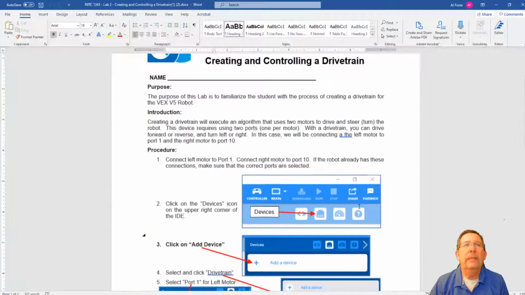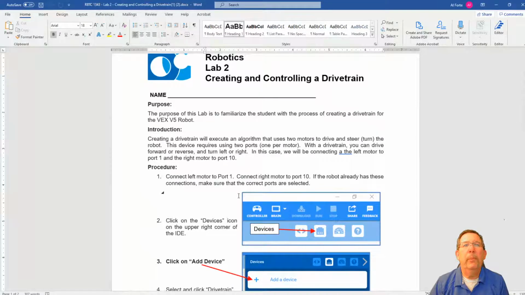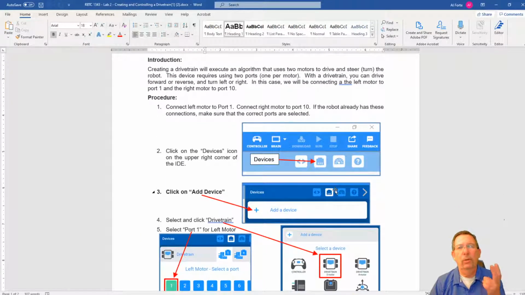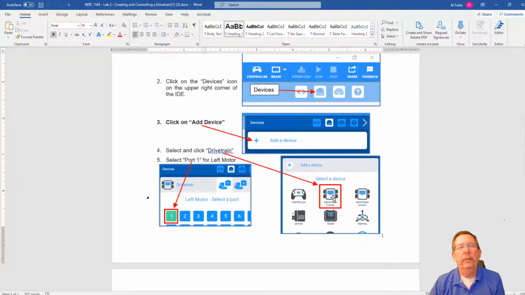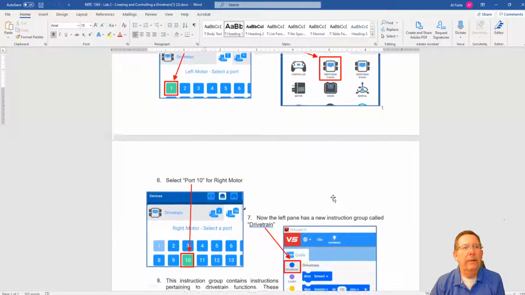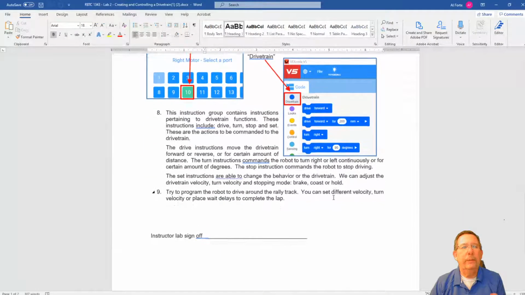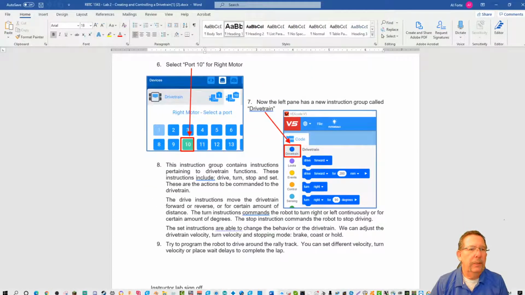You guys did the port, and it's port 1 and 10, right? You defined the two ports, and then you created the two motor drivetrain, and then with the instructor sign off, put it through the, I want to call it obstacle course. It's not really an obstacle course.